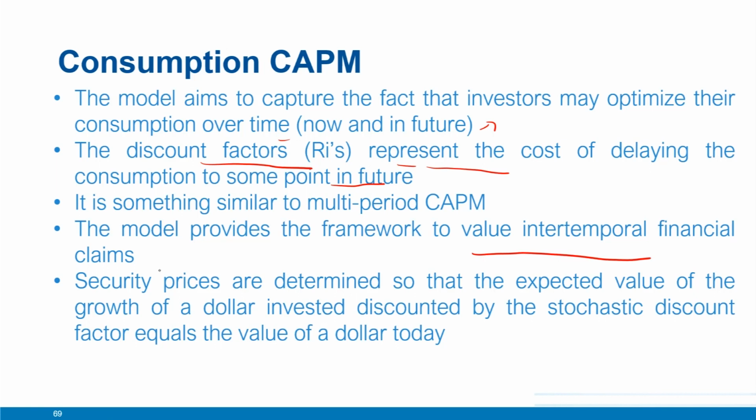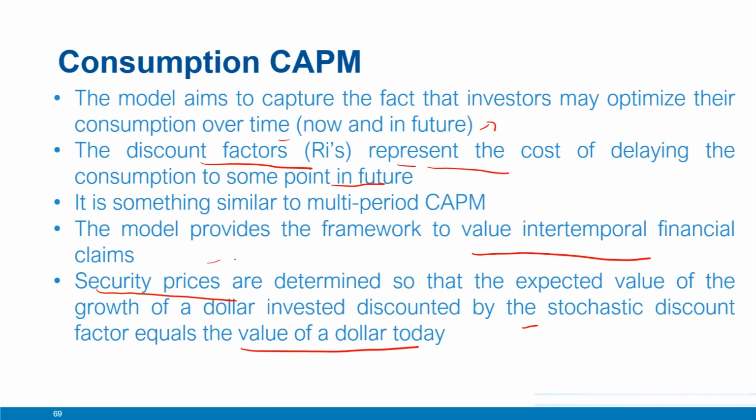So the idea is that we observe security prices, and these security prices represent the present values of a dollar that has grown over the years when invested in these securities. That growing dollar invested in these securities, when discounted by these stochastic discount factors, should give us the present value of a dollar today, and essentially the prices that we observe.